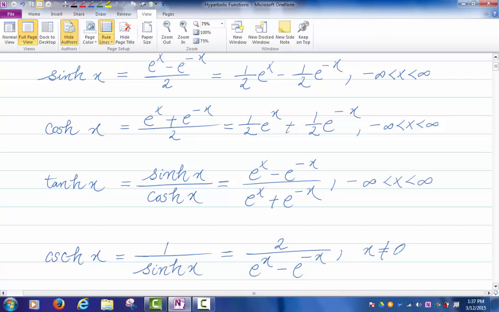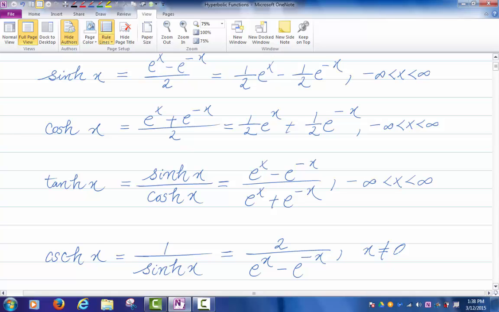Now the question is, because these functions are in terms of the exponential, would you suspect that the inverse of these functions will be in terms of natural log? Because natural log is the inverse of the exponential. So because these functions are defined by the exponential, you would suspect that the inverses of these functions will be given by the natural log.